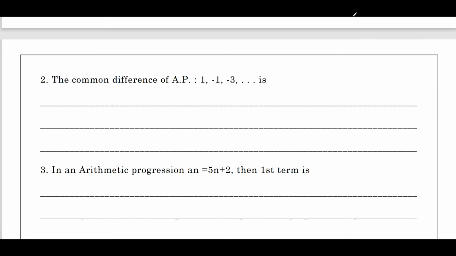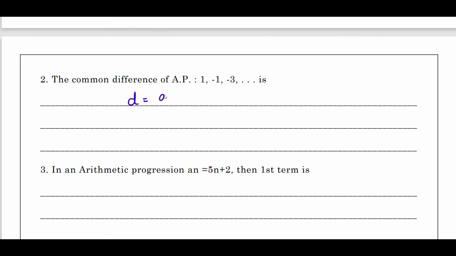The common difference of the AP is what? We need to find out the common difference of the AP 1, minus 1, minus 3. So the common difference d equals a2 minus a1. What is a2? a2 is minus 1, this is a1, a2 and a3 and so on.